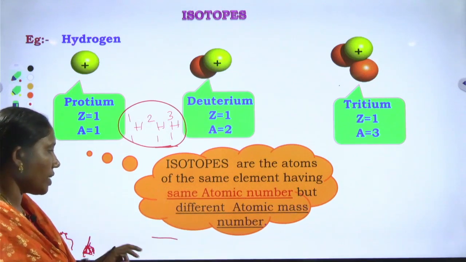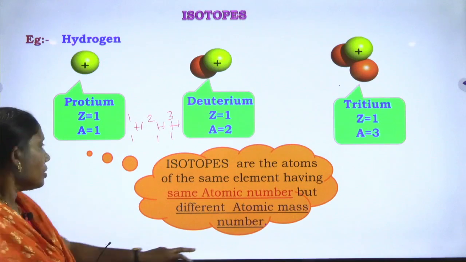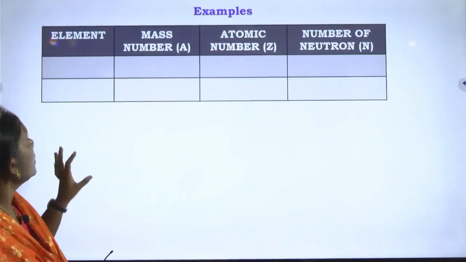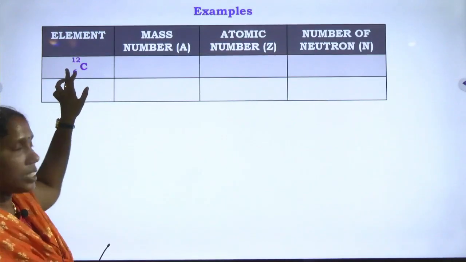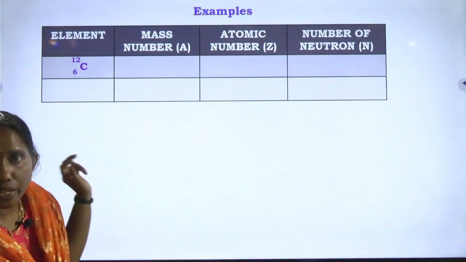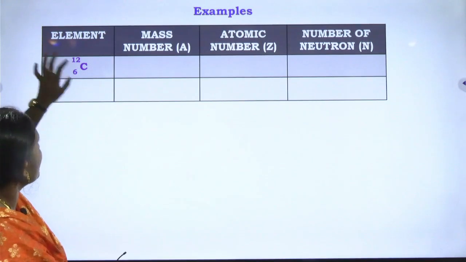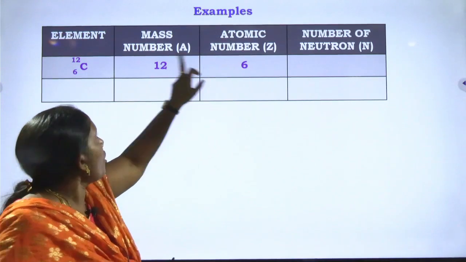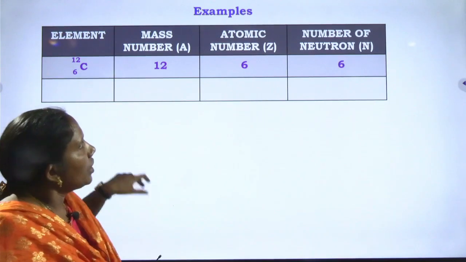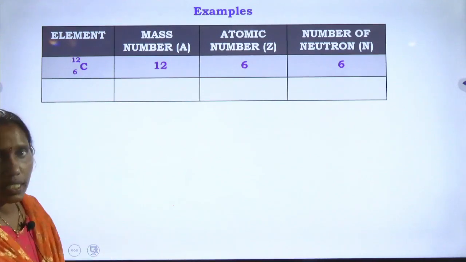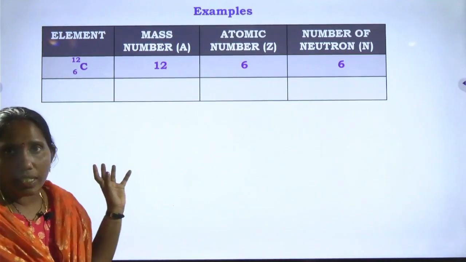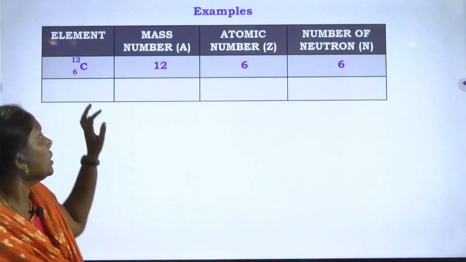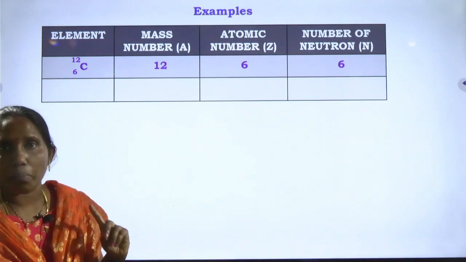Let us discuss some examples. C 6 12 means we are taking a carbon isotope. Here the mass number is 12, its atomic number is 6, and the number of neutrons is 6. We already discussed this formula: mass number equals number of protons plus number of neutrons.